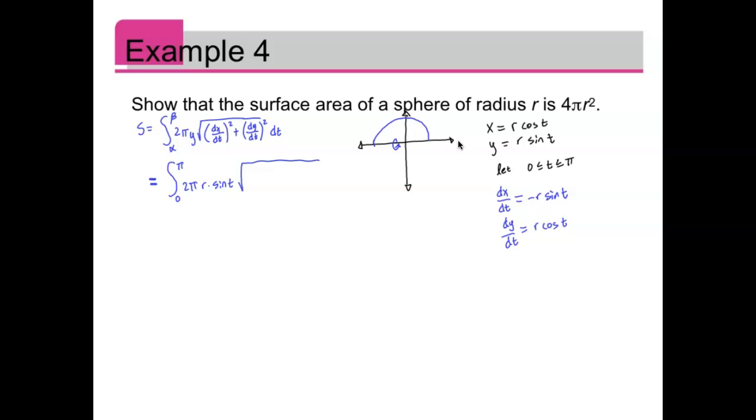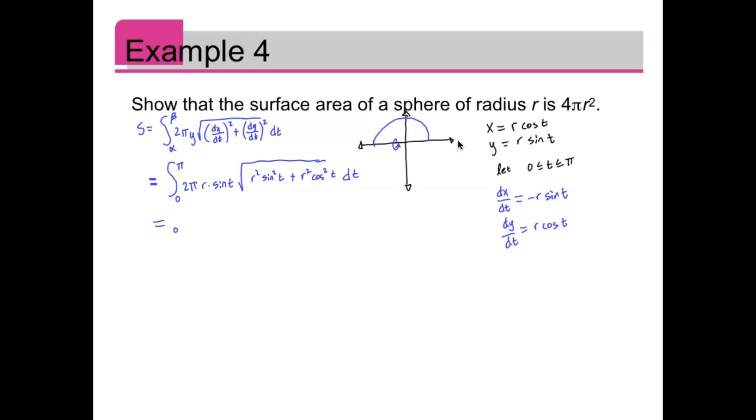But then we're squaring both of them, so they both end up positive anyway. So I end up with r squared sine squared t plus r squared cosine squared t, dt. There we go. That should get me the surface area of my sphere.